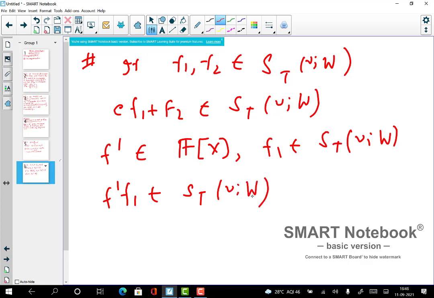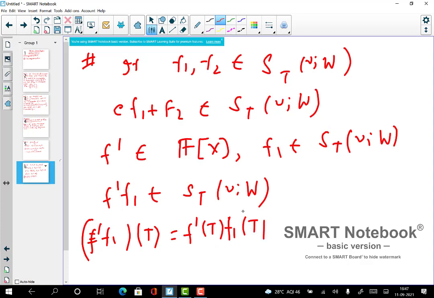So if you write this down, this is f' f1 of T, and this will be nothing but the polynomial f'(T) times f1(T). And this has to be an element of this, because when you substitute the value v here, f1(T)v will be an element of W. And f'(T) is also, because W is T invariant, f'(T) sends that element to W again.